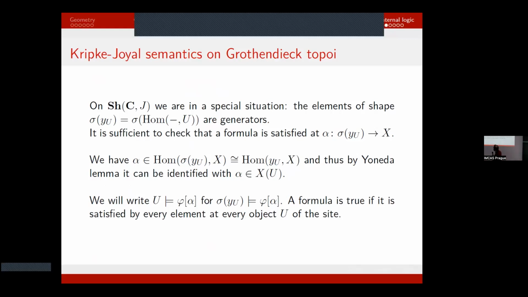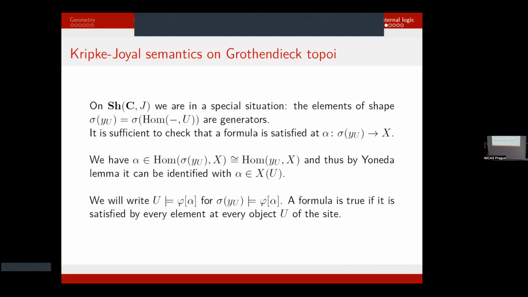But now what happens? Let's take an element of this form. So it's a map from the sheafification of Yoneda of U to X. But we know that the sheafification is a left adjoint, so this is isomorphic to homomorphisms of presheaves from Yoneda of U to X. But what this means by the Yoneda lemma is that alpha corresponds exactly to an element in X of U. Okay, so now the situation has changed, because before it was a situation inside the category where I had to map arrows and check categorical combination if they agreed or not.